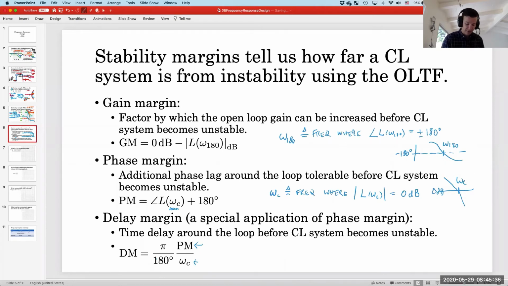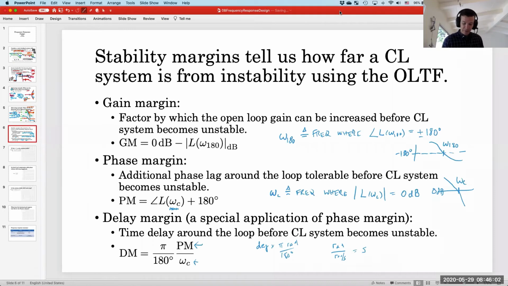If phase margin is in degrees, the pi over 180 changes that to radians. So now the phase margin is in radians. And if I divide radians by radians per second, I get seconds.